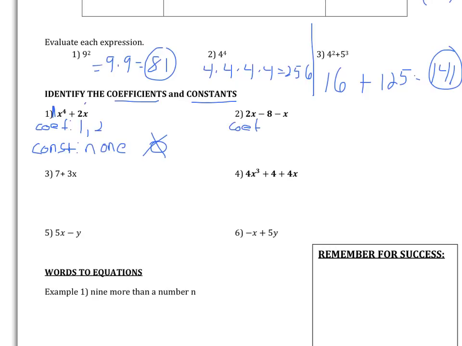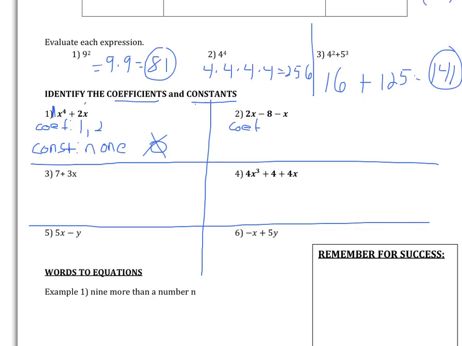Coef, and let's really organize our work. So I'm going to draw a line down there. Again, we really need to work on organizing our work. Coef, constants. Well, what are the coefficients? We have a 2 and a, what's this one right here?